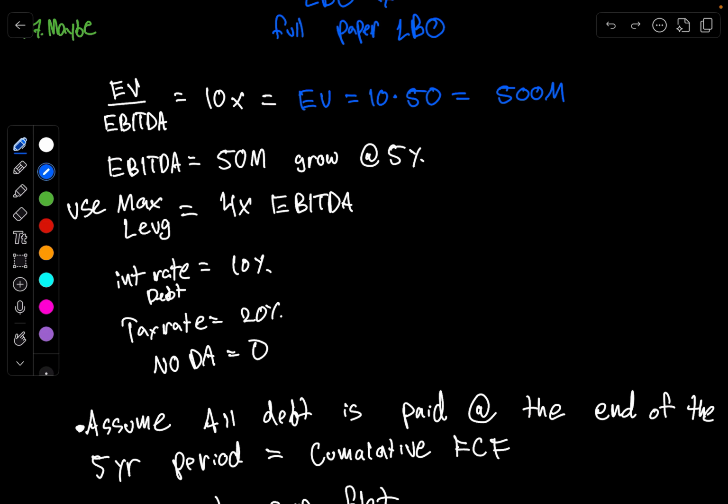What else can we figure out? Well, we know that they use the maximum amount of leverage, and that is 4 times EBITDA. So we know that debt is equivalent to 4 times 50, which is 200 million, right?